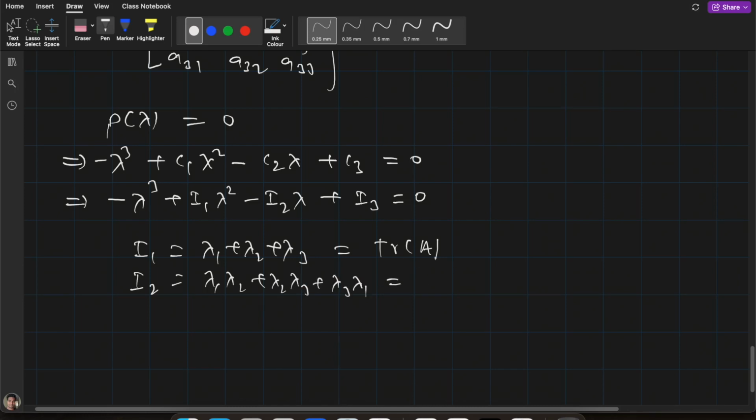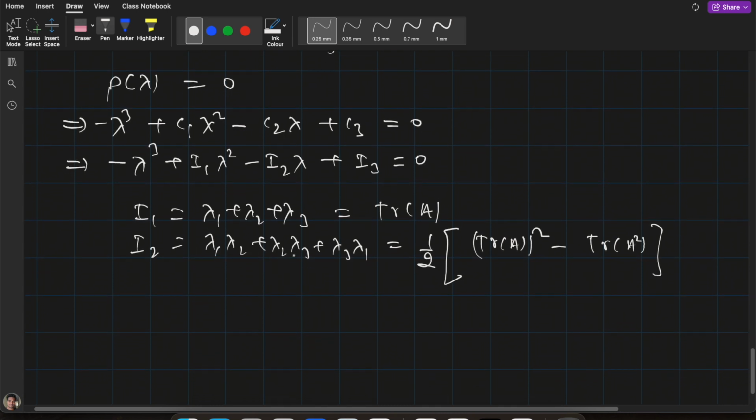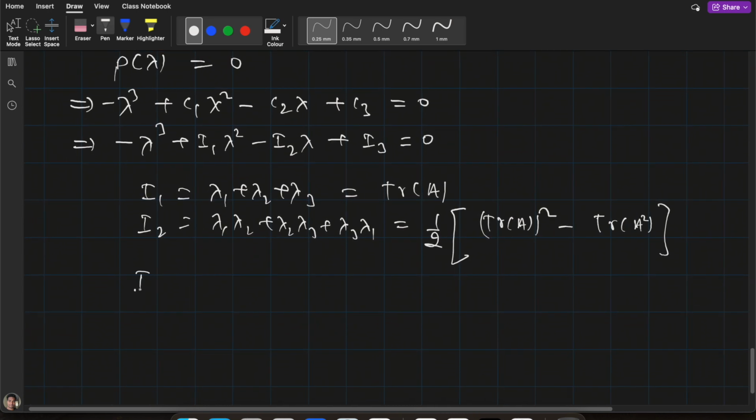If you want to write it in terms of trace of A, you can write 1 by 2 times trace of A whole squared minus trace of A raised to the power 2. After solving, you will get the same thing. Now I3 is nothing but lambda 1 lambda 2 lambda 3. This is the determinant of A.